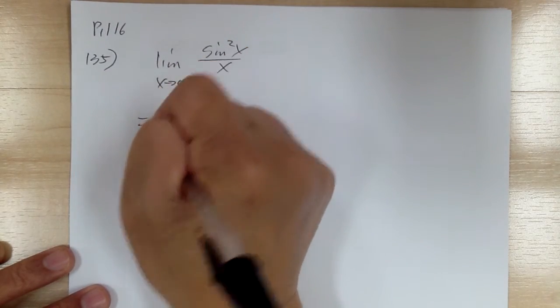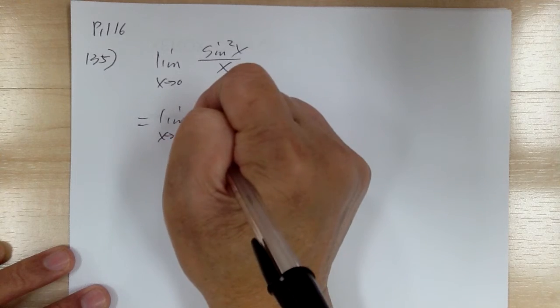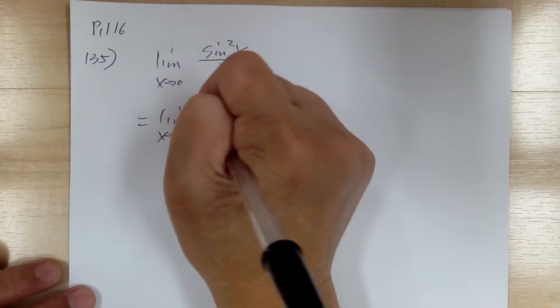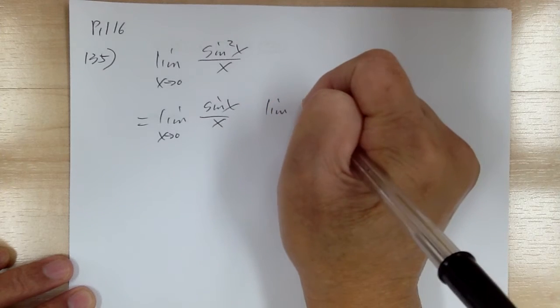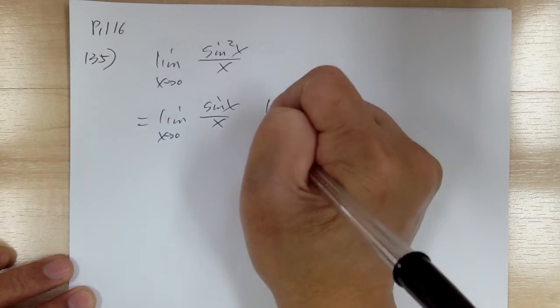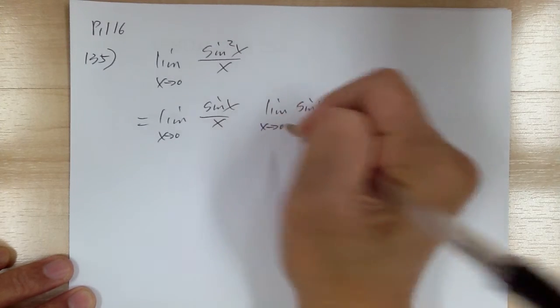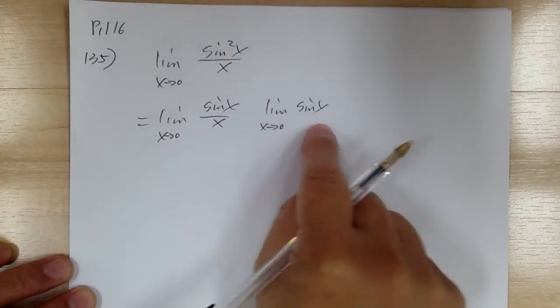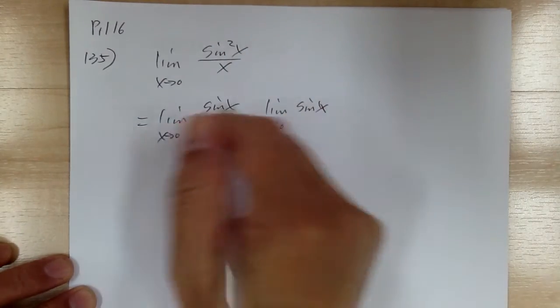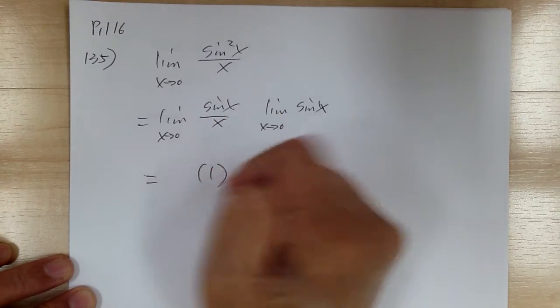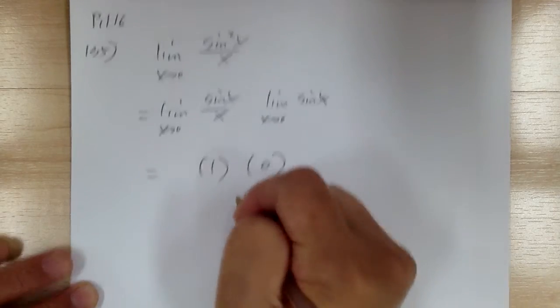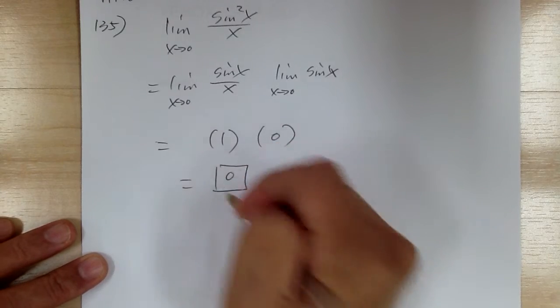So we can break this up. So this is equal to the limit of sine x over x times the limit of sine x, x approaching 0. So you can break this up so that we can evaluate each one. So this one is equal to 1, this one is equal to 0, and so the answer will equal 0.